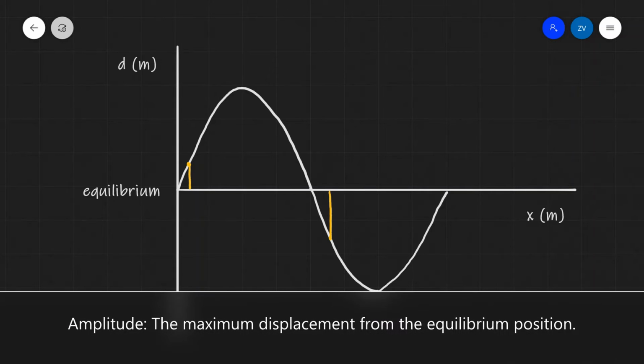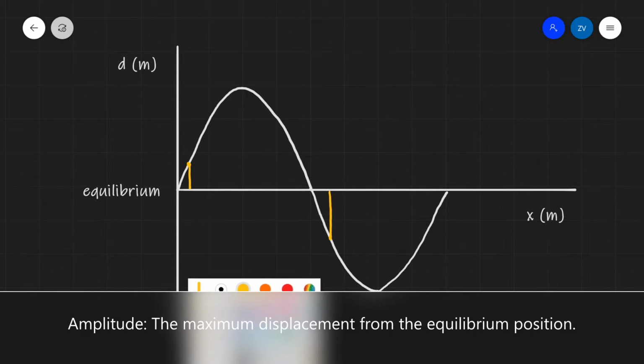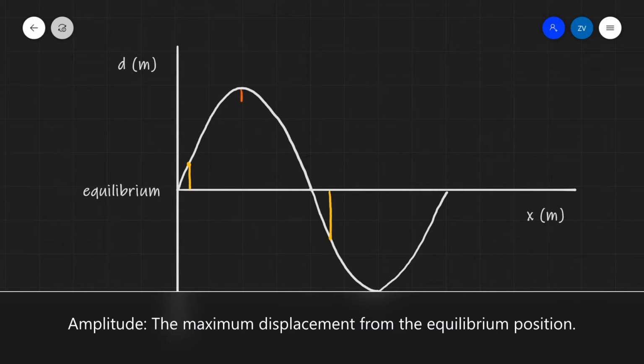Notice that there is a maximum value of this displacement, which I'm going to draw right now, and this is known as the amplitude of the wave, which is the maximum displacement from the equilibrium position.